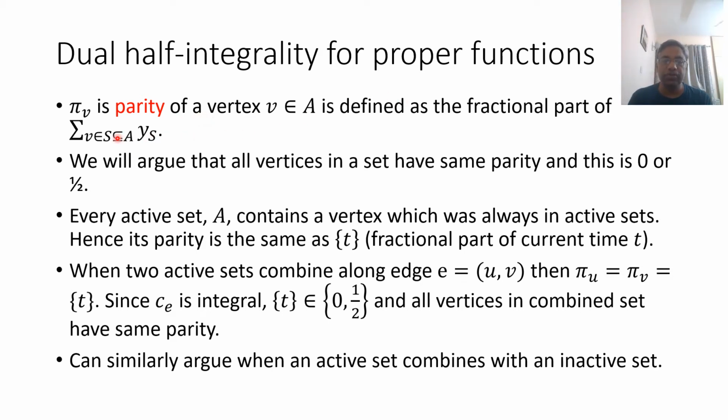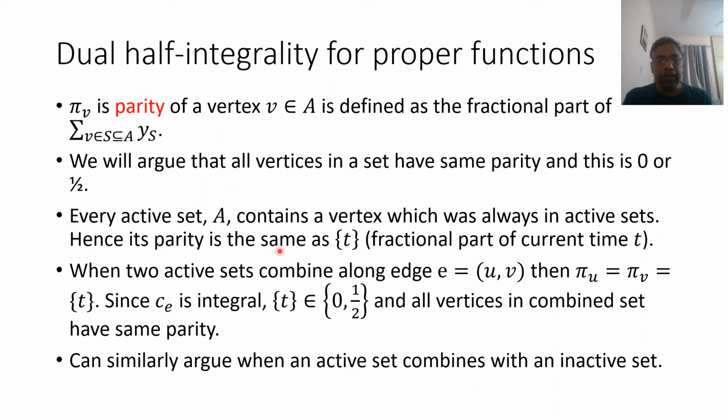And we are looking at the fractional part of this. You know, this total dual might have a value 3.5. So the parity of this vertex is then half. And if this total dual has value 4, then this parity is 0. I'm using these numbers because we will always have vertices with parities only 0 and half. And that's what we want to prove.